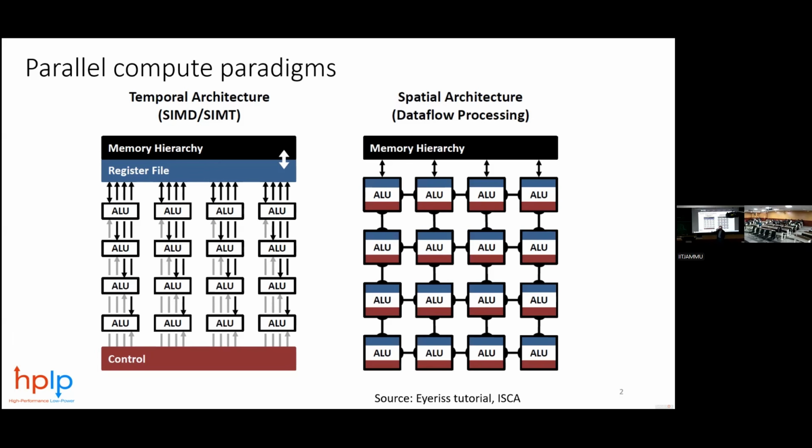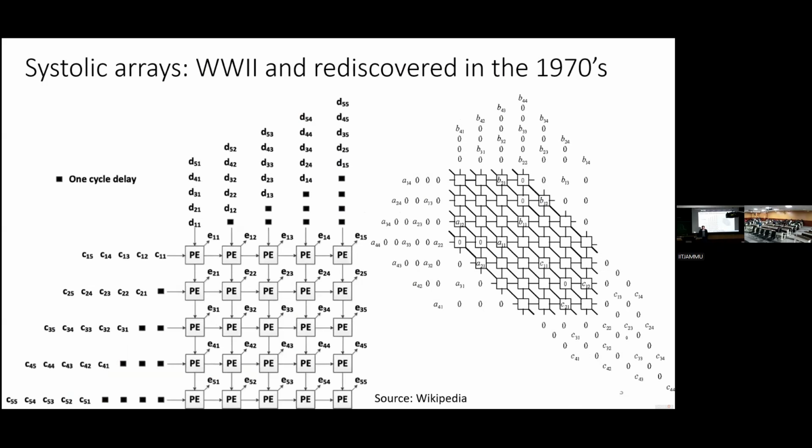So you have a memory and you bring things from memory and you put them back in memory and things happen in different clock cycles. So time is very important, as opposed to a spatial architecture where things still progress in time, but there is a pretty clear progression in space. And the systolic array is actually one of these spatial architectures.